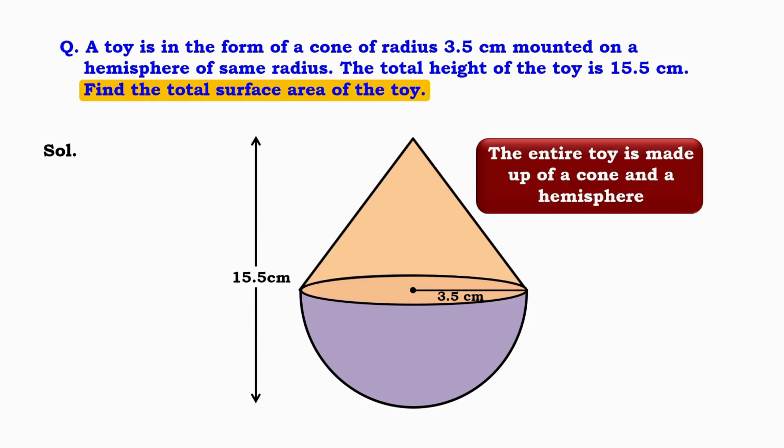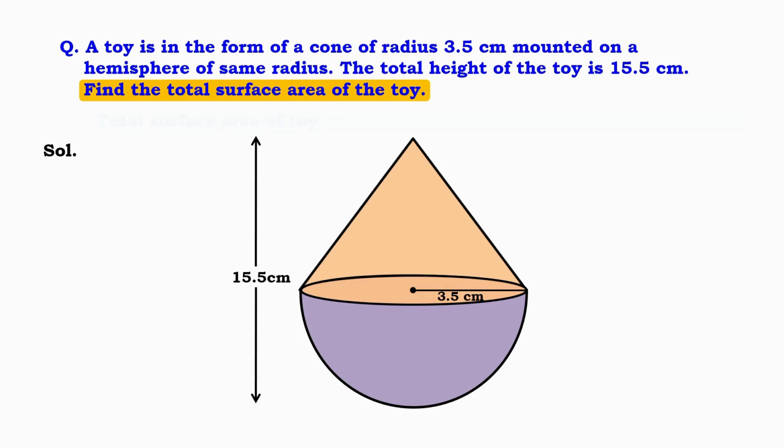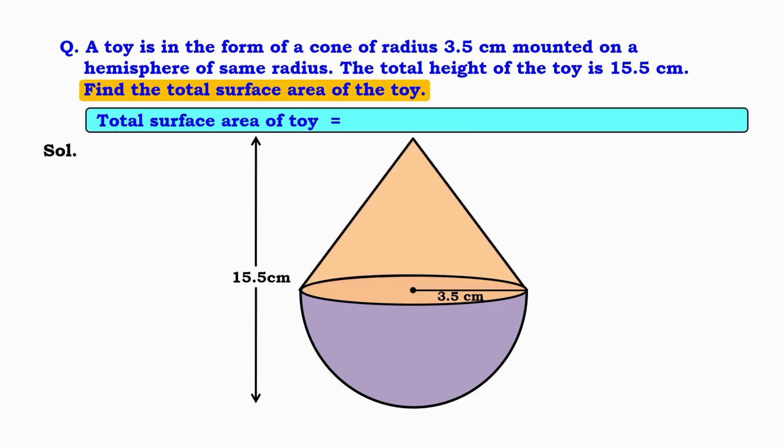So total surface area means the entire toy that is made up of the cone and the hemisphere. Okay, so first, what is the total surface area? The base portion of the cone, the circular one, is not needed because that is internal.